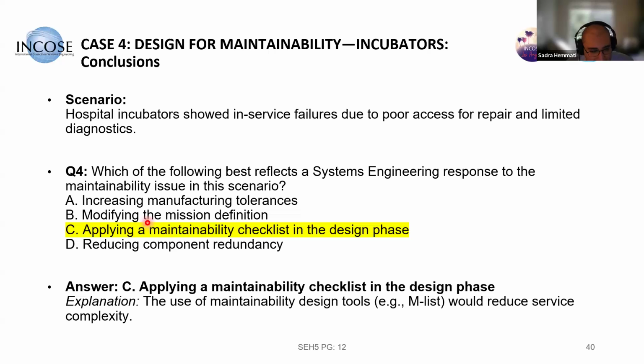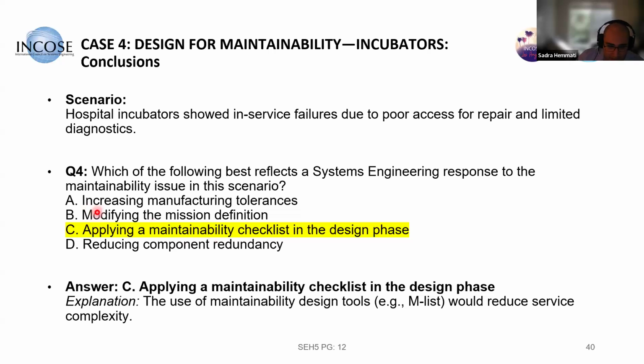I can see why you picked B, modifying the mission definition. The measures of effectiveness in both cases would be the same for both incubators, but the mission is not inclusive of the maintenance concept.